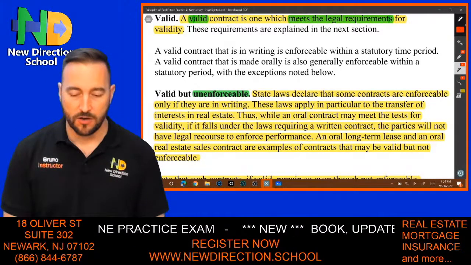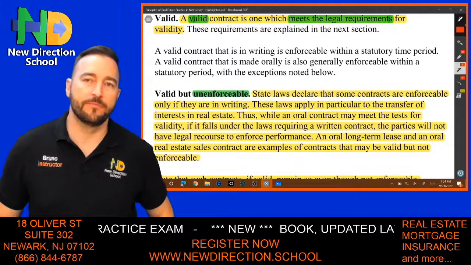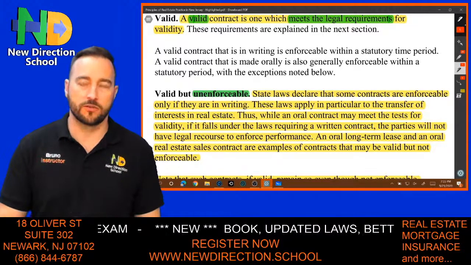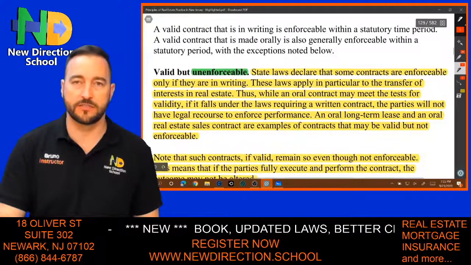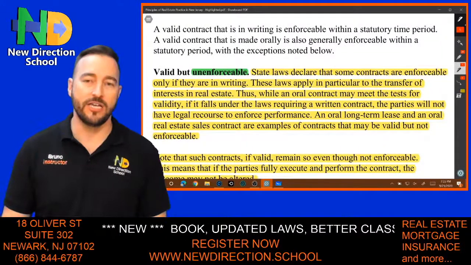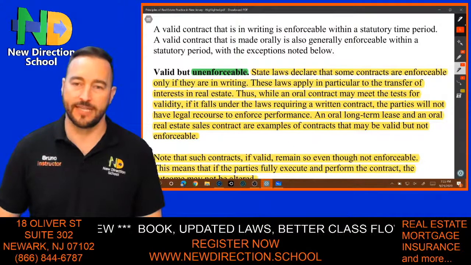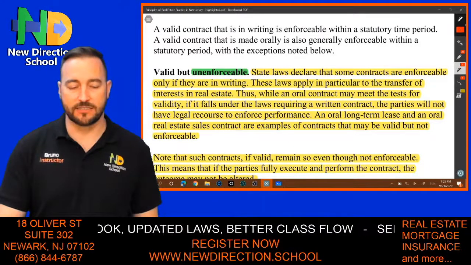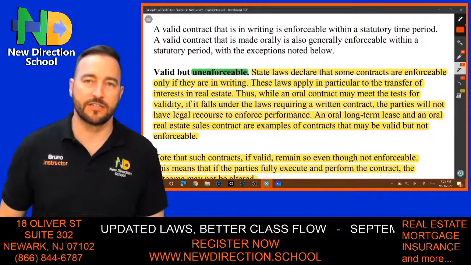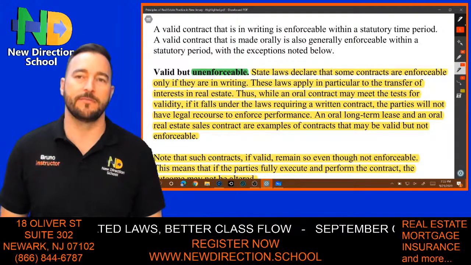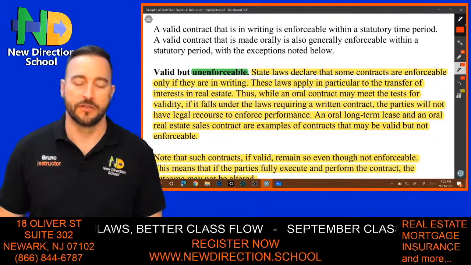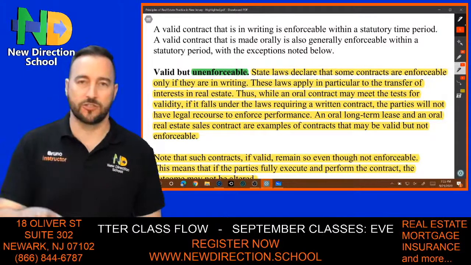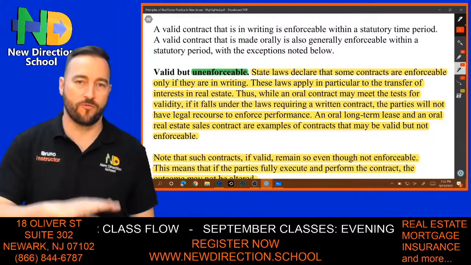Thus, while an oral contract may meet the tests of validity, if it falls under the laws regarding a written contract, the parties will not have a legal recourse to enforce performance. Can't take me to court. An oral long-term lease and oral real estate sales contract are examples of contracts that may be valid but not enforceable. So what we're saying here is every state has their rule regarding what's enforceable or not.